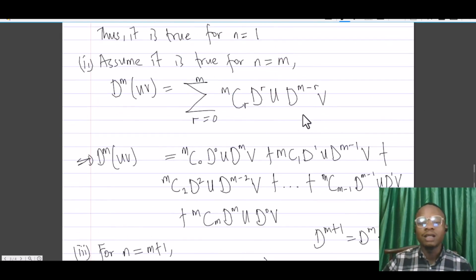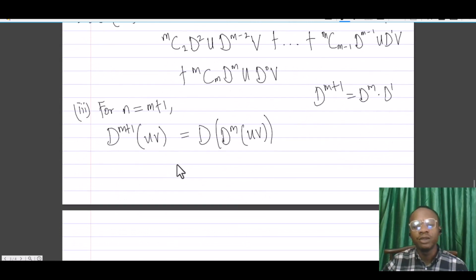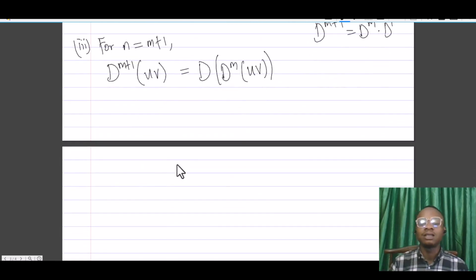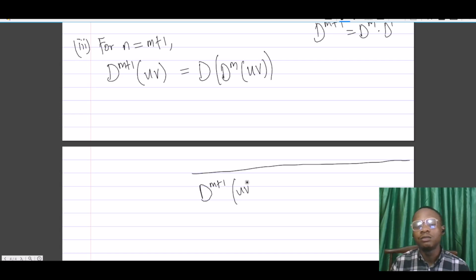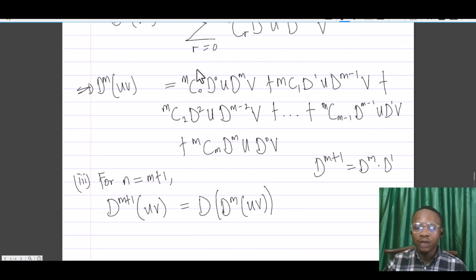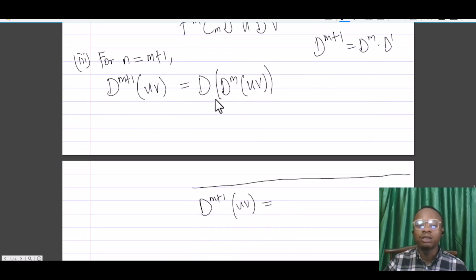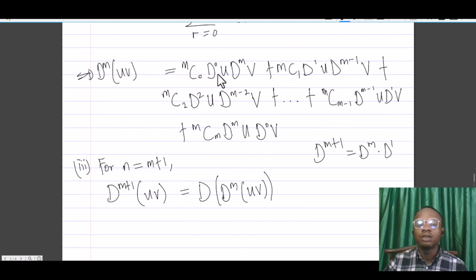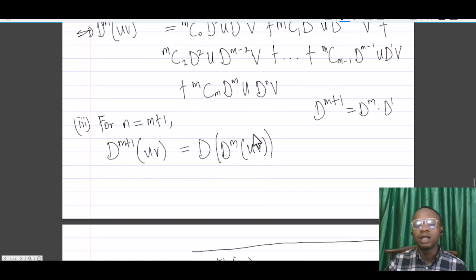The point is that if the formula is correct, we expect that the m plus 1 derivative of uv would be equal to, so we just replace m here with m plus 1. So that will be m plus 1 combination 0, d to 0 of u, then d m plus 1 of v, and so on and so forth. And that will proceed like that.